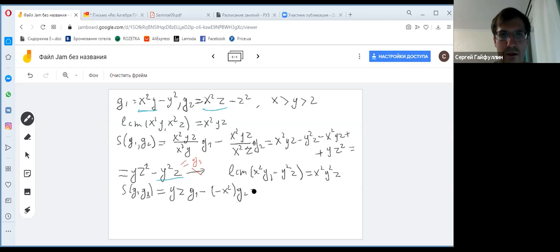Okay, yz g1, it is equal to, the leading term should vanish, so this is minus y cubed z plus... I'm sorry, here is G3, and this is minus x squared y squared z.